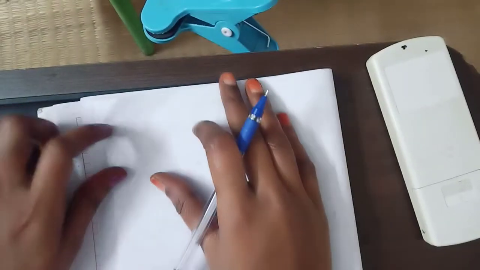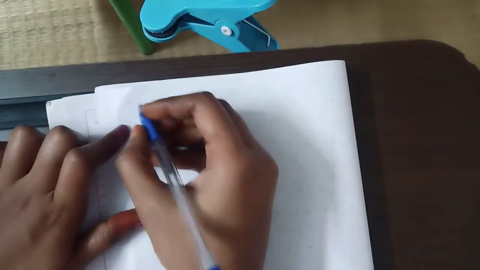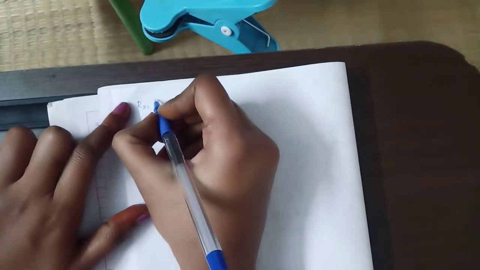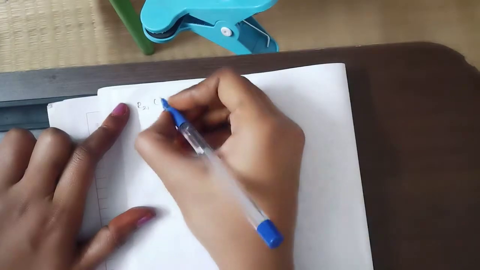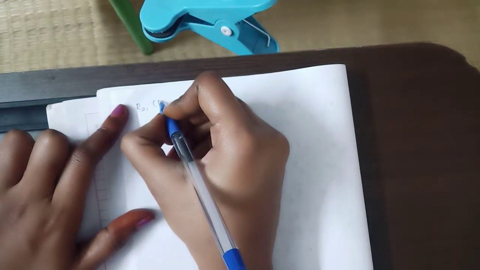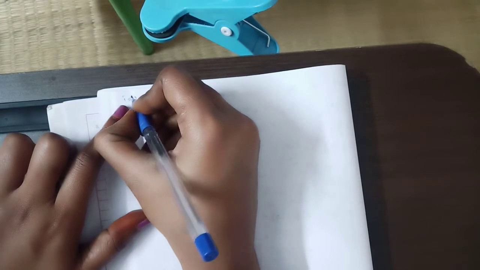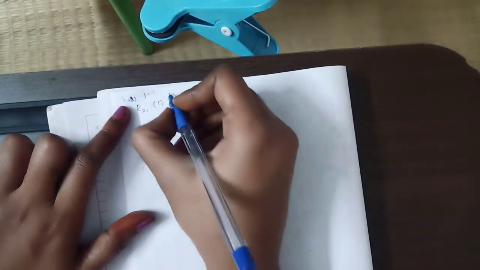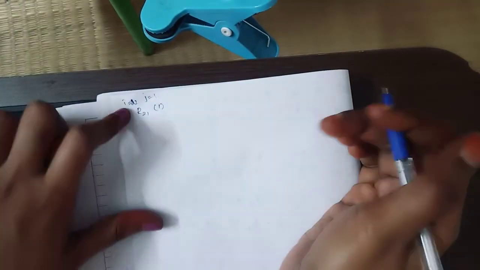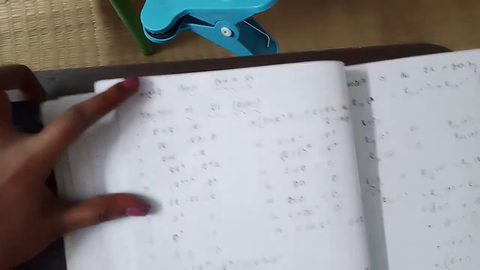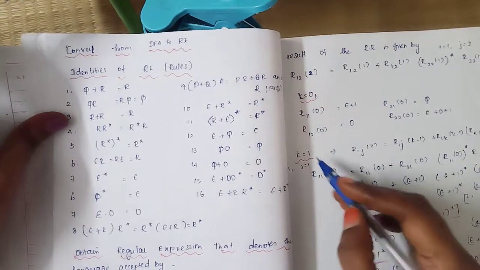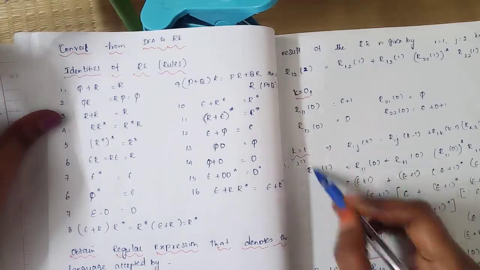So now we'll have to see R21 of k. So again the k value will be 1. So now i equal to 2, j equal to 1, and k is a constant value, because for this set, k equal to 1, we will find all these things, right? So k is also 1.